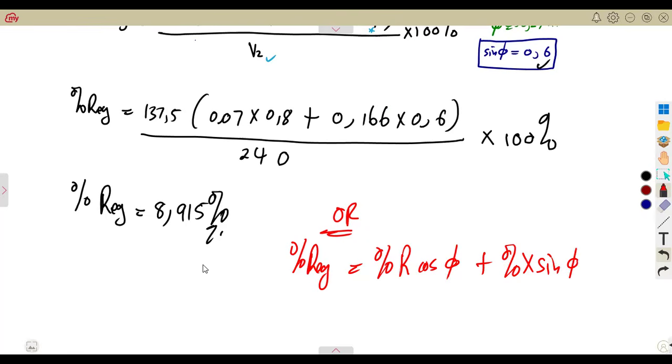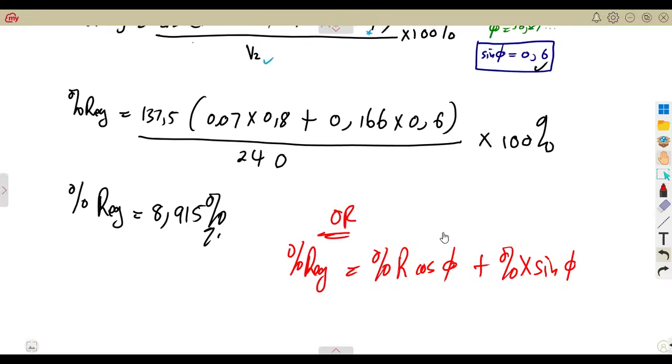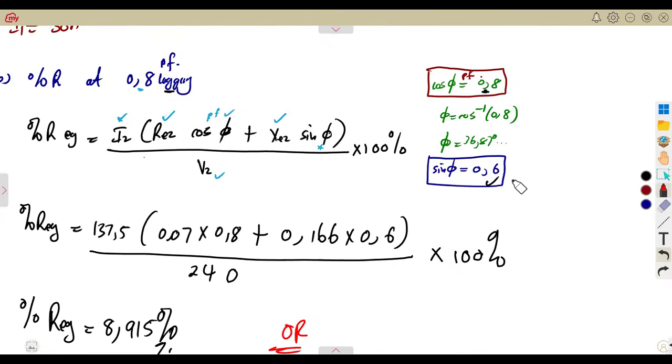So using this formula, definitely you are being forced to calculate the sine of phi. With the other one, there's no way you're going to be forced to calculate this.